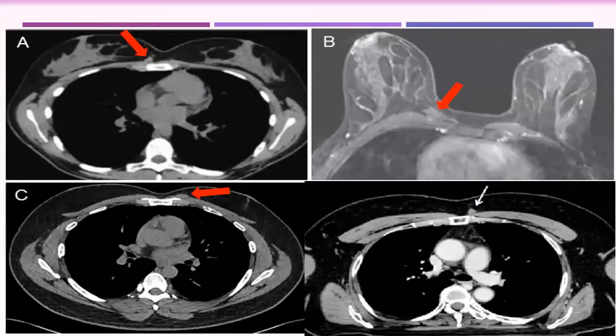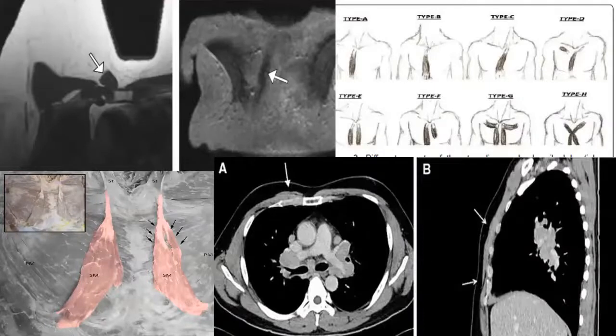And these are examples of unilateral cases in the right and left, and on the right in the MRI. This image and these illustrations demonstrate the variable appearance of this type of variant muscle. This is the muscle seen here, cut in this axial MRI.